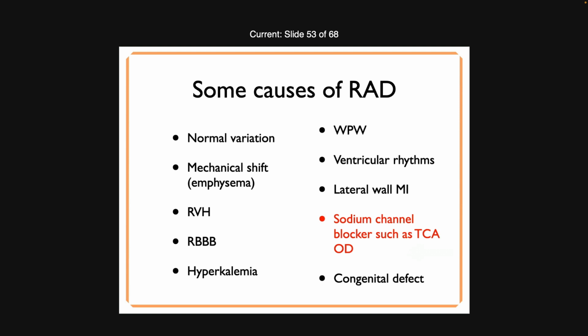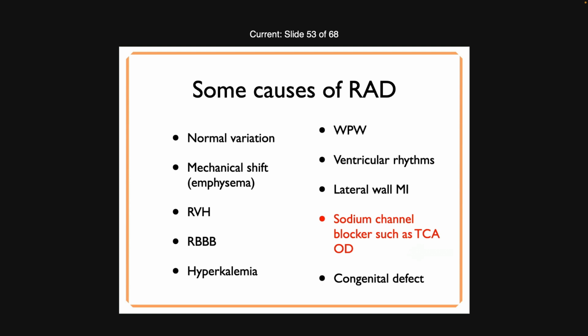Right ventricular hypertrophy, right bundle branch block, hyperkalemia. Here we go again. Could cause anything. Left axis deviation, right axis would be WPW. Ventricular rhythms. Again, it depends on where the ectopic focus is. Lateral wall MI can cause right axis deviation because this part of the heart is dying, and that shifts the electrical activity over to the right.